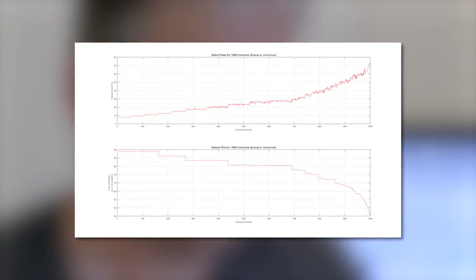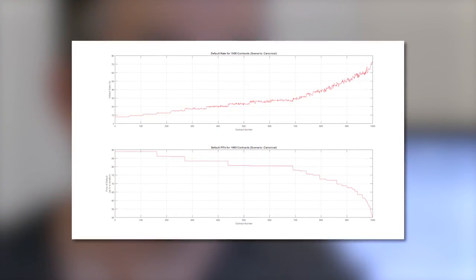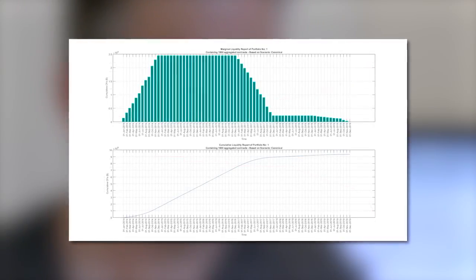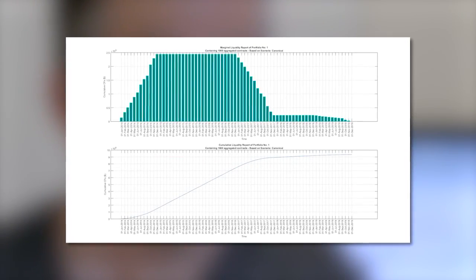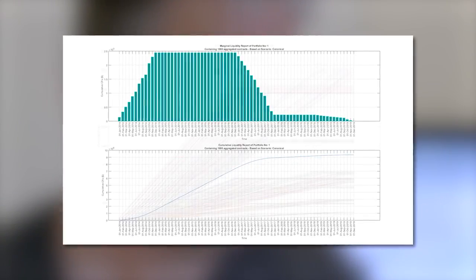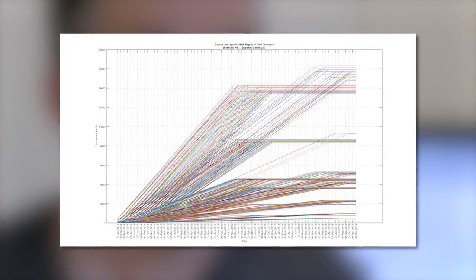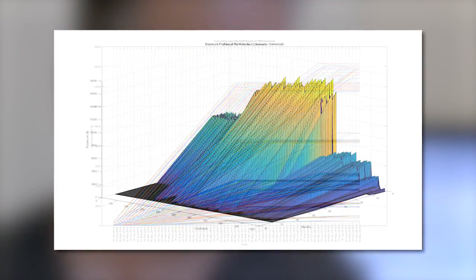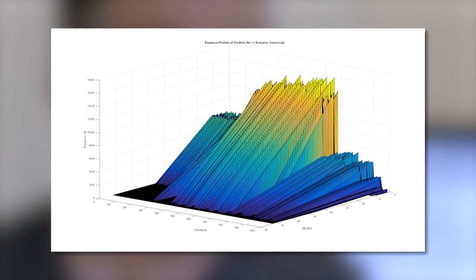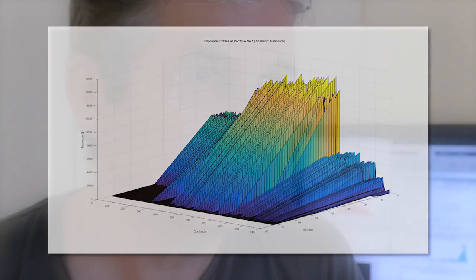In our software, you are able to calculate the performance of your portfolios under these canonical conditions: the expected cash flows, expected volume, and expected prepayment and default probabilities.